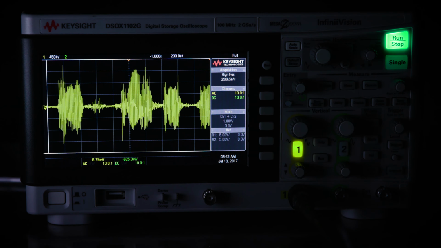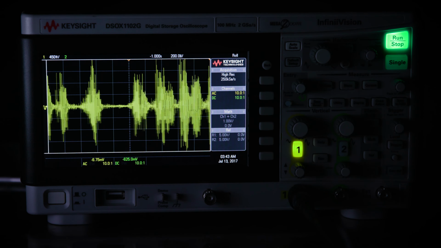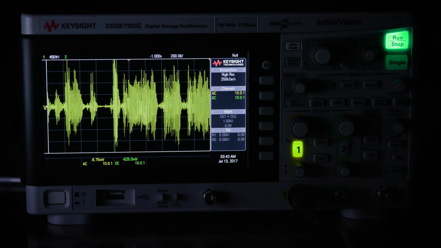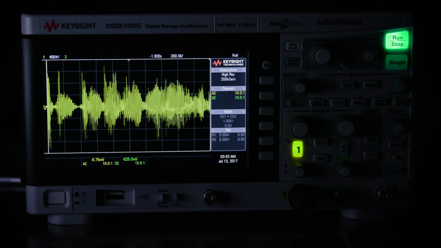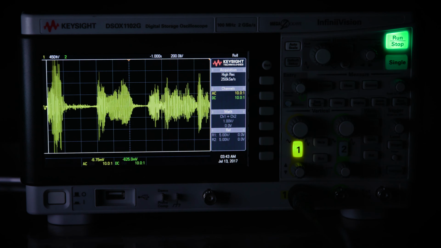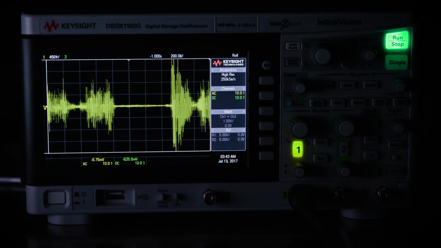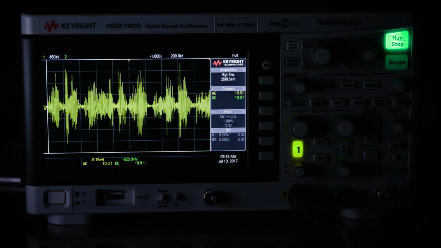So it's working in processes that people haven't worked in before, processes that are geared more towards doing digital design than analog design. That I think is part of what makes it difficult.